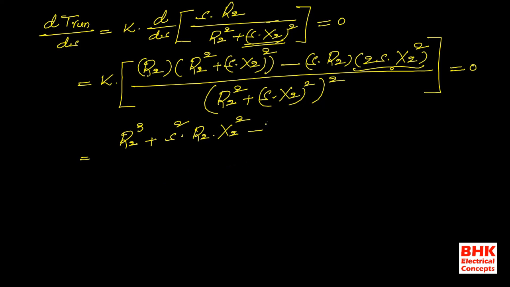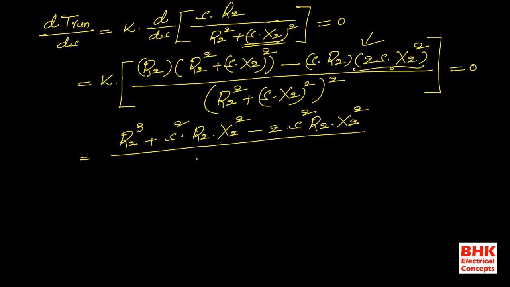Next, coming to the second value: s into s square 2 and r2 means 2 times s square r2 x2 square, divided by r2 square plus s into x2 square whole square, equal to 0.